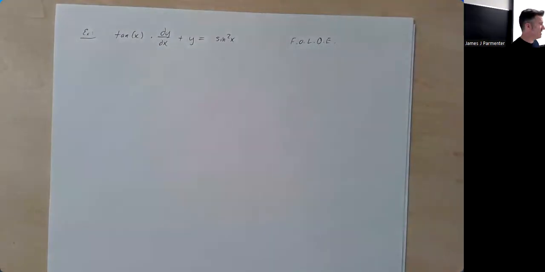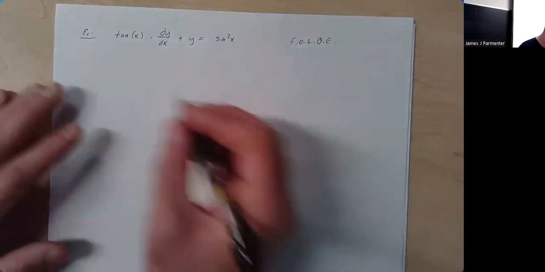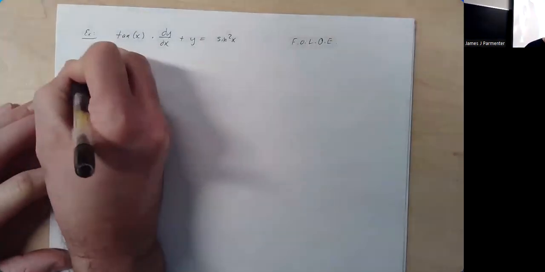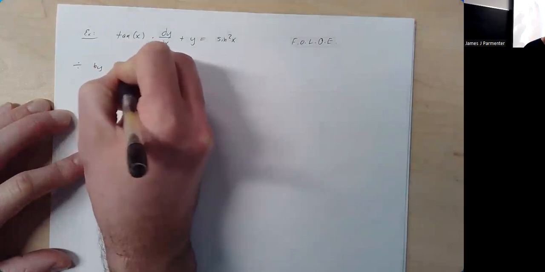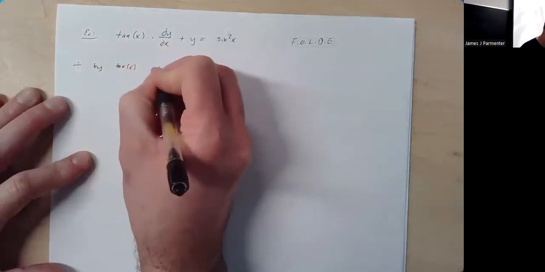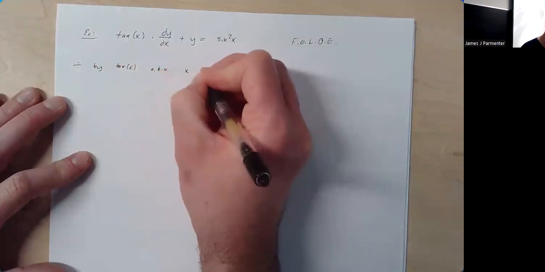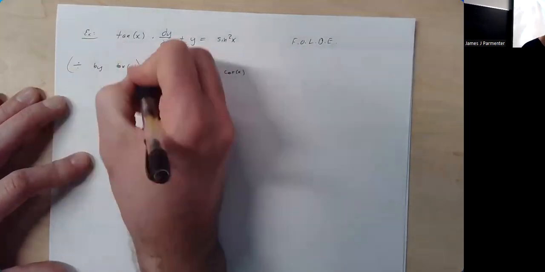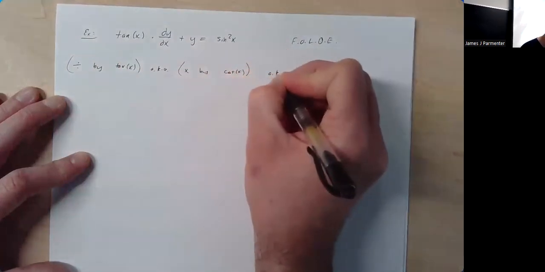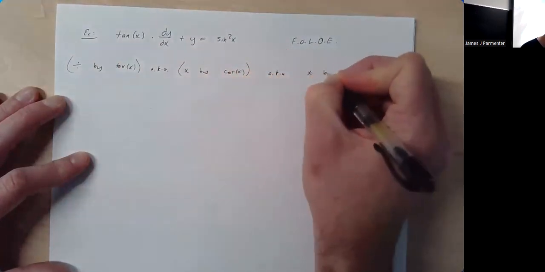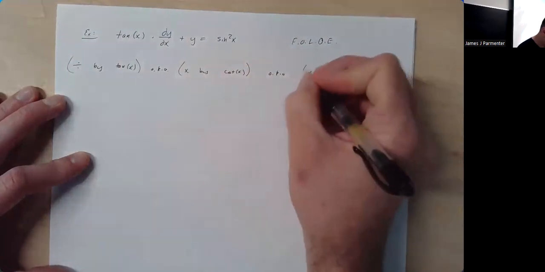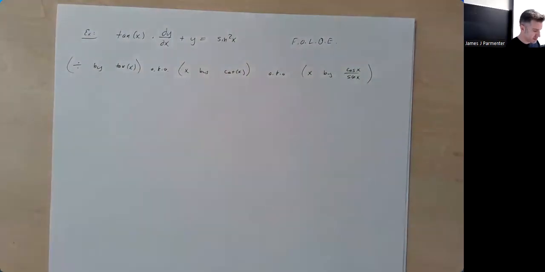So I'm going to divide everything by tangent of x. Or maybe I should think of that as really multiplying everything by cotangent of x, aka multiply by cosine of x over sine of x. That might be the way I actually think about it.